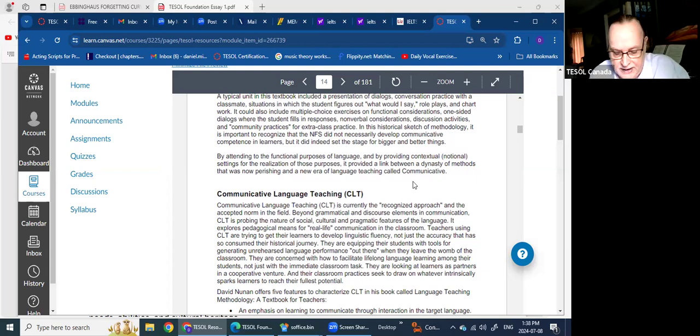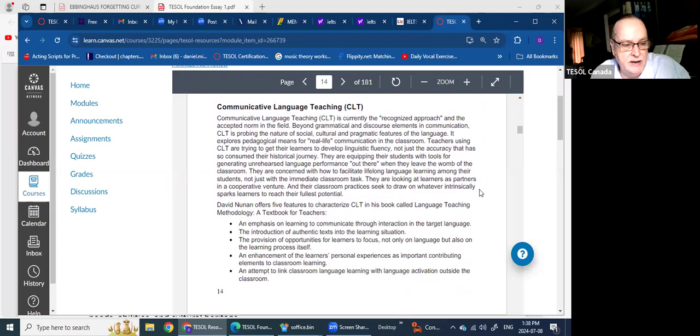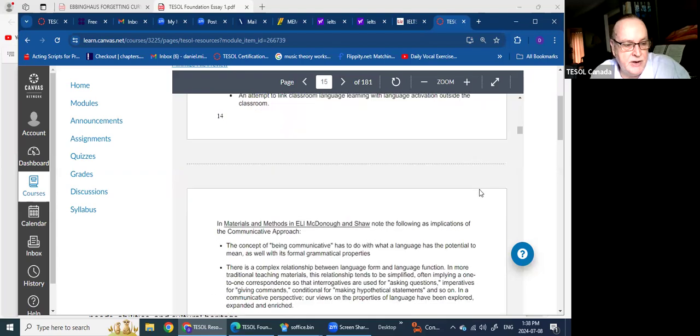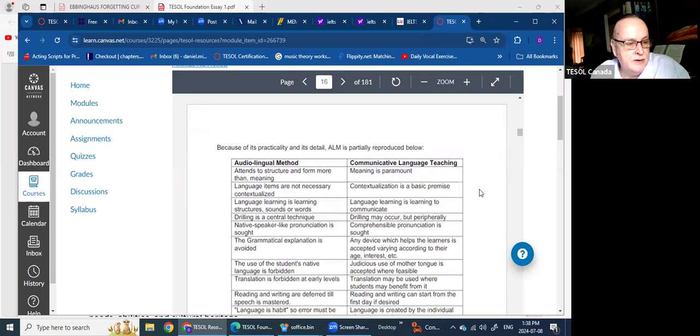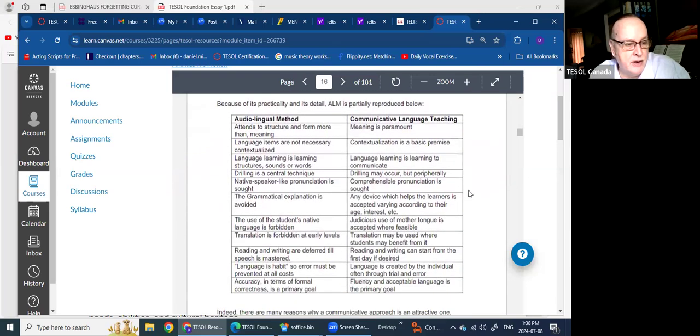Now, communicative language teaching was a methodology that allowed for the use of any type of instruction that would help to improve communication. Also in this document is a very useful chart that compares audiolingual and communicative language teaching on various points.